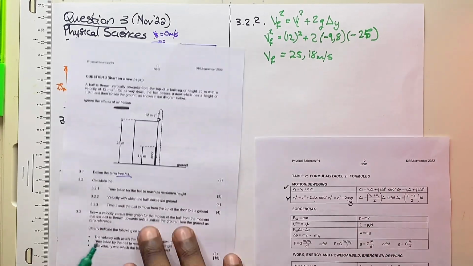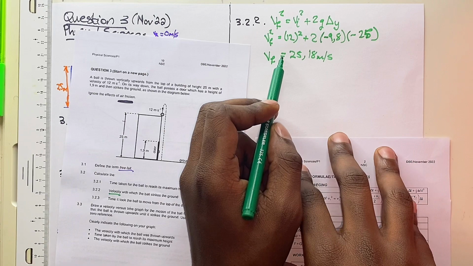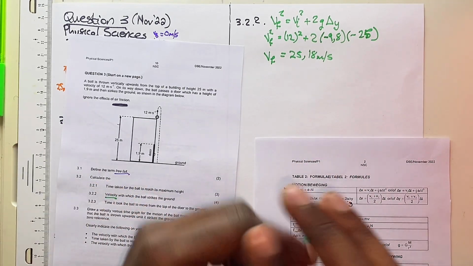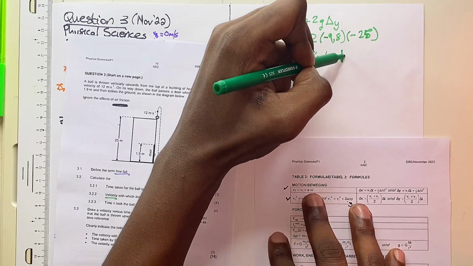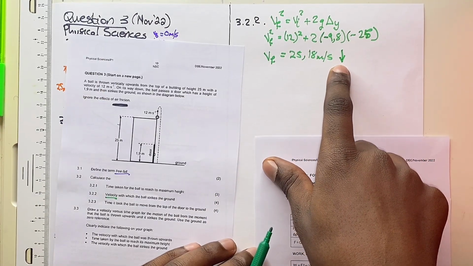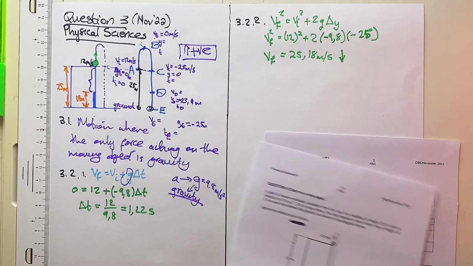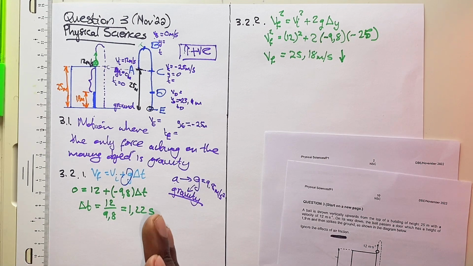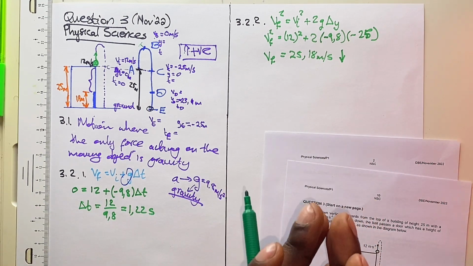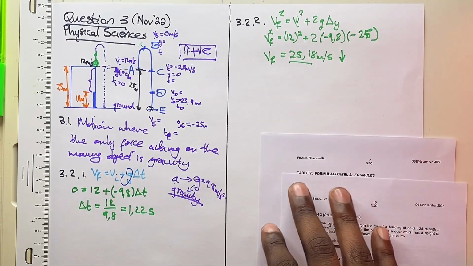Now, since we are calculating velocity and not speed, we need to show our direction. Since it hits the ground while going downwards, our direction will be downwards. We are not just calculating speed, we are calculating velocity. Speed is a scalar and velocity is a vector. So velocity needs magnitude and direction.